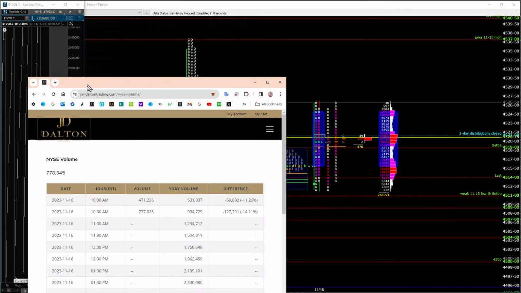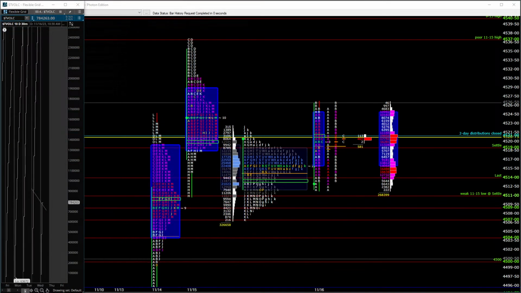Volume is decreasing here. Look at that. Pay attention to that. Market is going higher, but volume is decreasing. There's a nuance here. There could be something here.